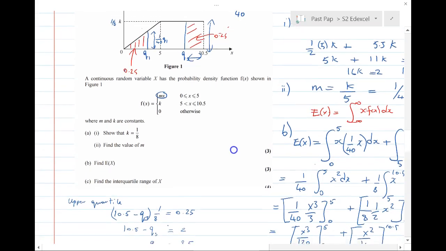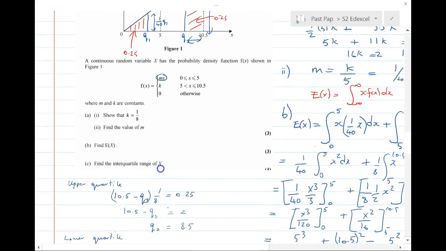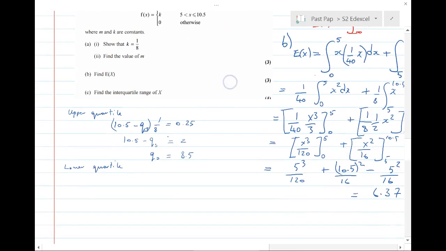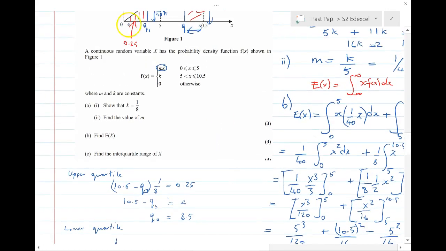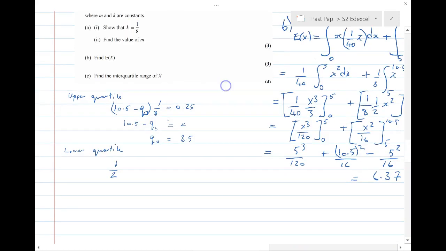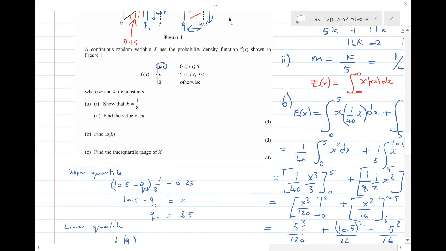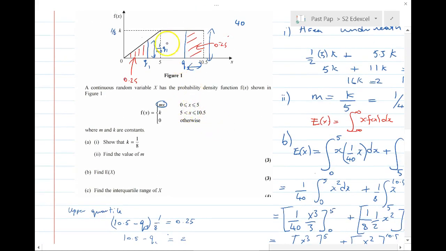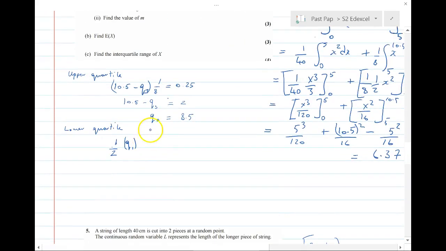So using the area of a triangle, a half times the base, which is that length there, which is Q1, times the height, which because of the gradient is 1/40 Q1. That's also equal to 0.25.